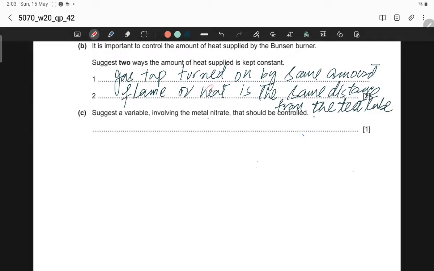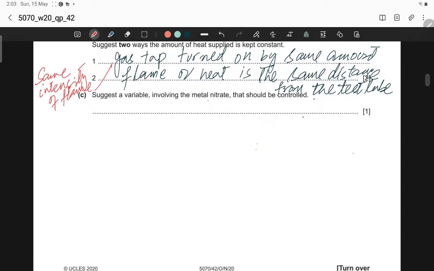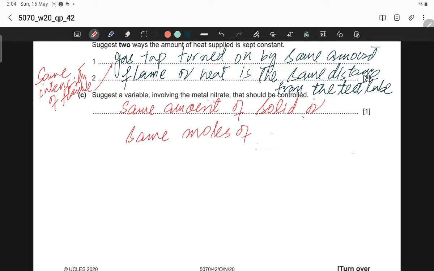Same intensity of flame, or the same burner. For the metal nitrate variable: the same amount of solid, or the same moles of metal nitrate, should be used.